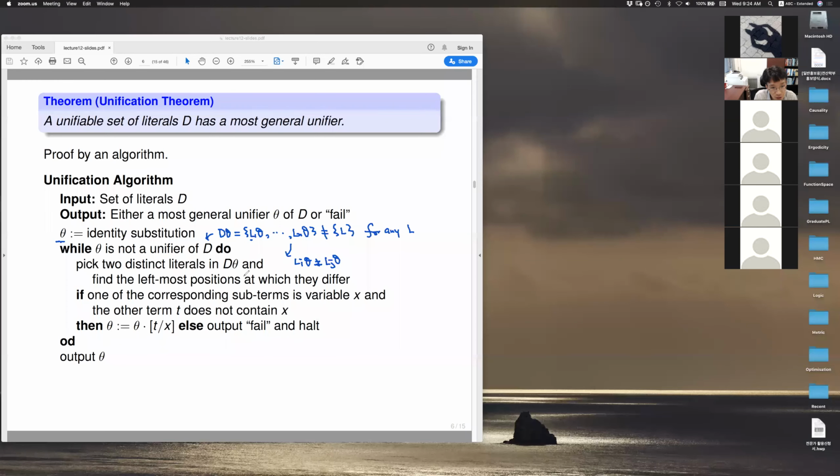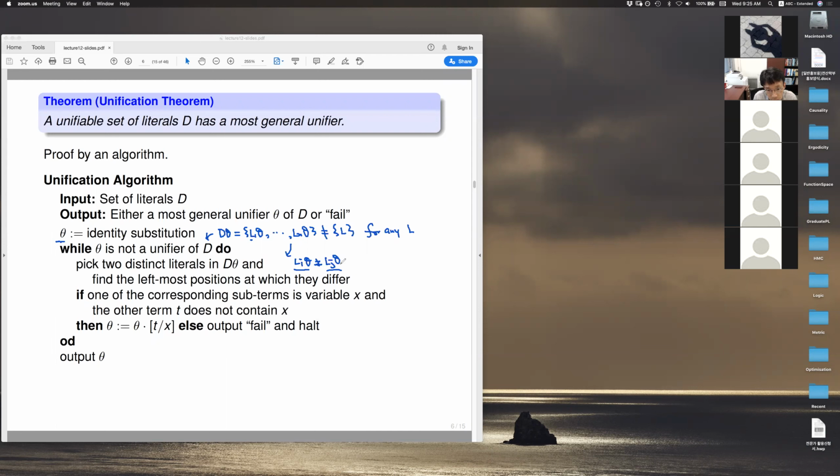For some i and j, after substitution, these literals are different. So then we look at these literals, which is what you get after applying the current substitution theta. And then we try to find the leftmost position at which these two differ.